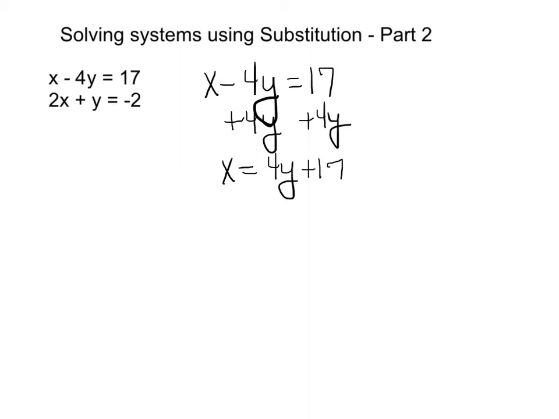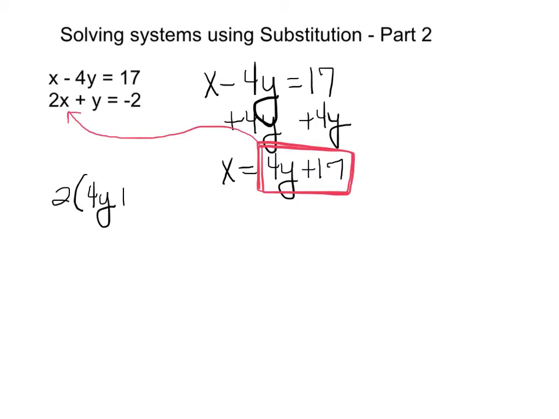And now you follow the exact same steps as last night. This 4y plus 17 should be plugged in for the x value right there. So that would give me 2 times, in parentheses, 4y plus 17, plus y equals negative 2.